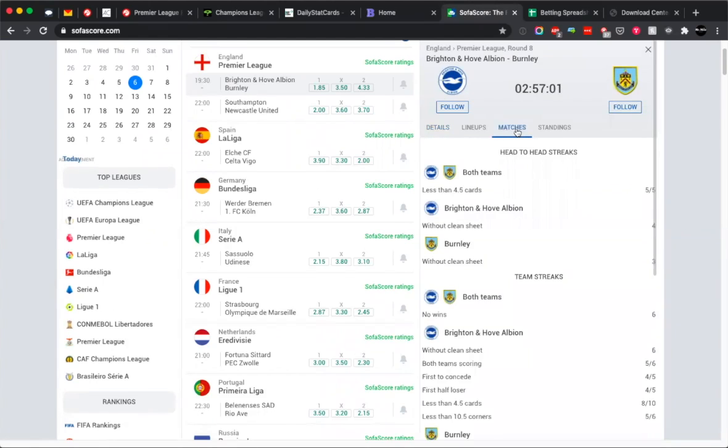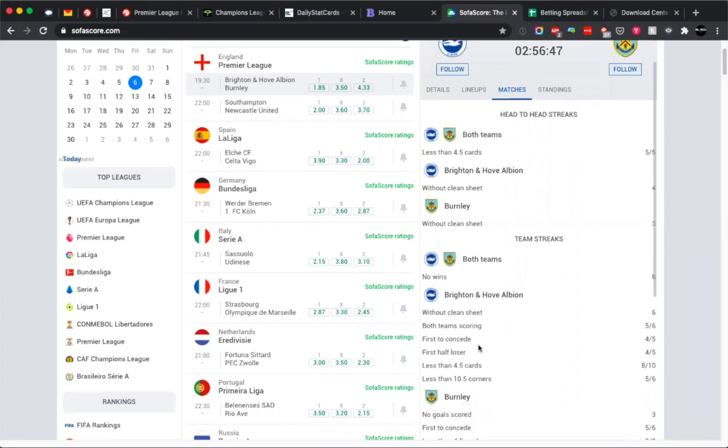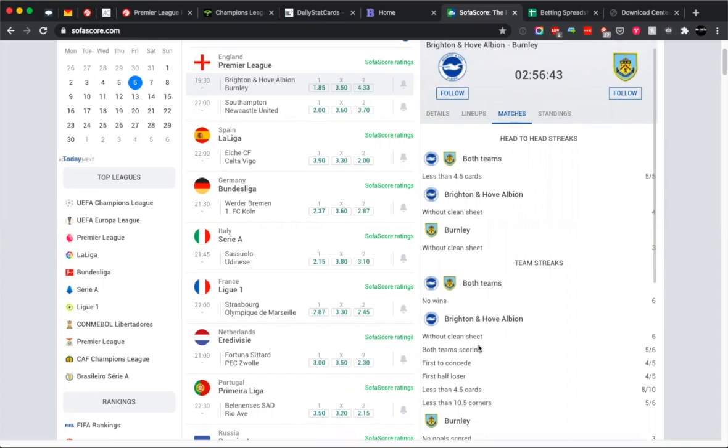Match history gives us, because SofaScore has this thing where it now shows you, for a team, how many corners they've had in the last games and any team streaks that are there. Now, right away, you can probably see down here that Brighton has had less than 10.5 corners in 5 out of their last 6 games, which indicates that they might be one of those teams that don't have a lot of corners.